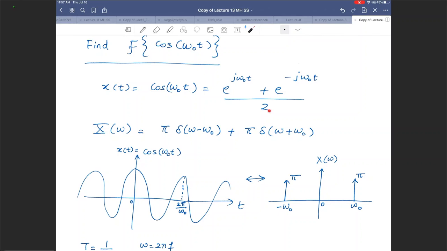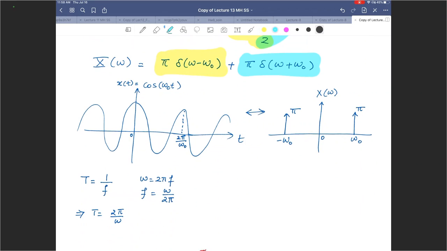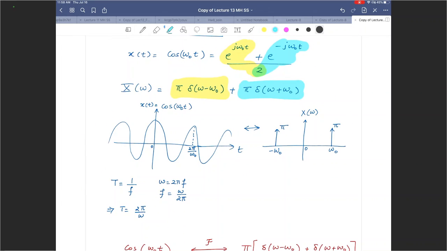For each term, I can write its Fourier transform because linearity applies for the Fourier transform. So for this term, I've got the Fourier transform here. For this term, I've got the Fourier transform here. Two impulses, one at plus omega naught, the other at minus omega naught, where omega naught is essentially the fundamental frequency of the cosine.